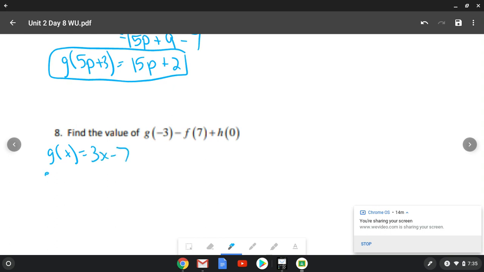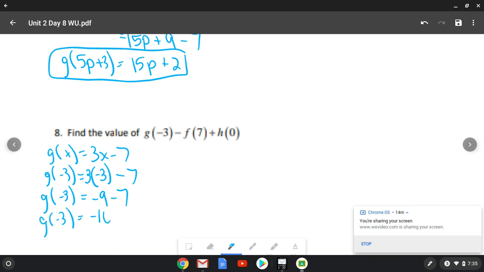So let's do the g of negative 3 part. So that'd be 3 times negative 3 minus 7. So g of negative 3 is negative 9 minus 7. G of negative 3 is negative 16. So that's the first piece, negative 16.